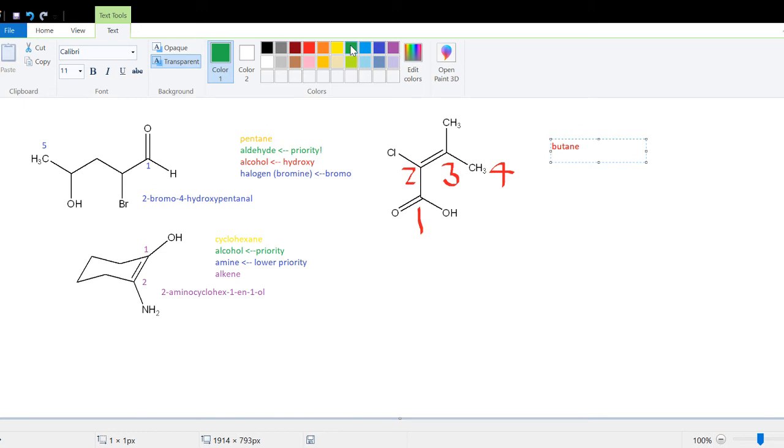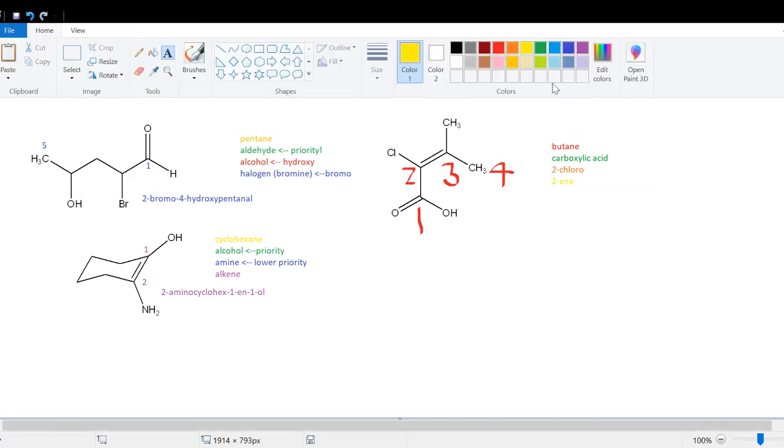I have a carboxylic acid. I don't have any other functional groups that I would put at the suffix of the molecule anyway, so we don't have to use any of the newer rules that we've learned. I have a 2-chloro group, and then the alkene is also on carbon 2.